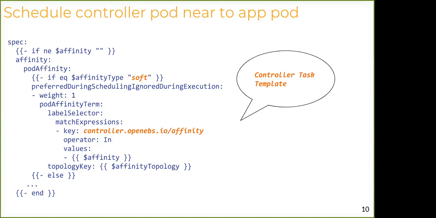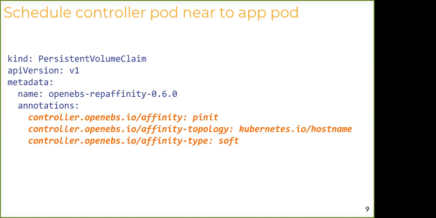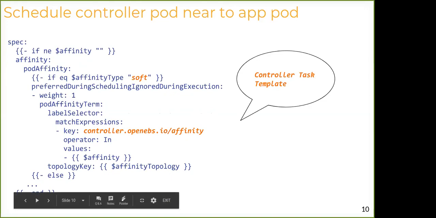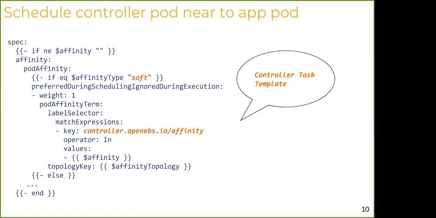So what does it have? There is the key. The key has to remain the same, whatever we have proposed, and the value will be the one provided alongside this key. In this particular example, the value should be pinit, PINIT, the one which we talked about earlier, right? But we don't see the value here.